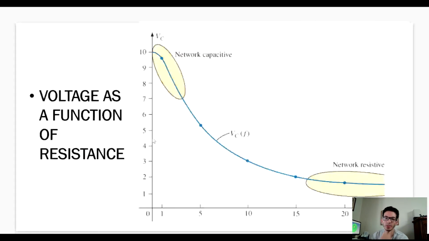And that is pretty much what we noticed here: at small frequencies, at 1 kilohertz, you have a capacitive circuit, and at relatively large frequencies, this is 20 kilohertz, you're going to have a purely resistive voltage drop.